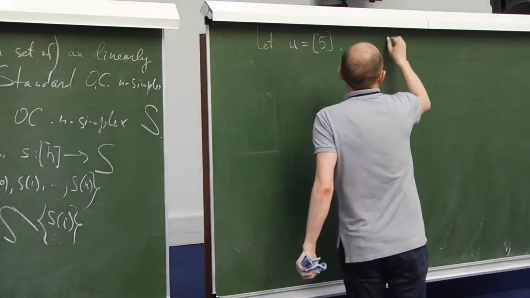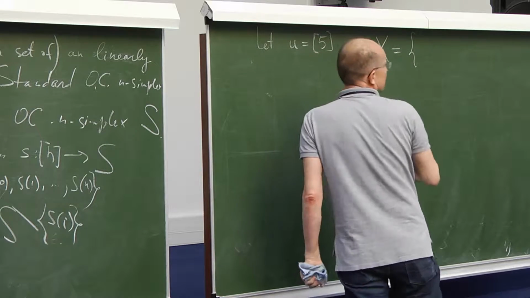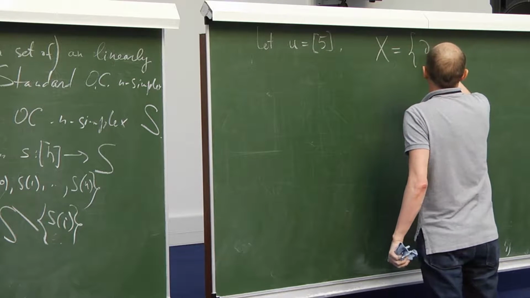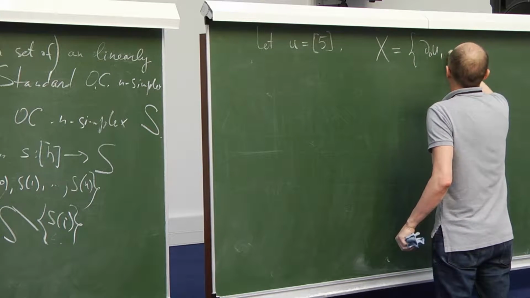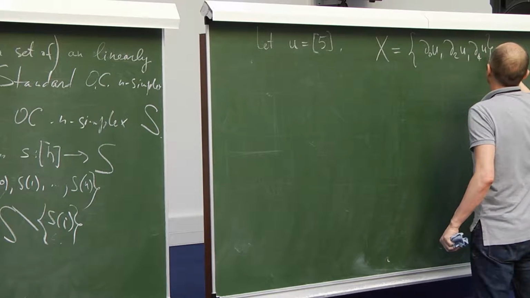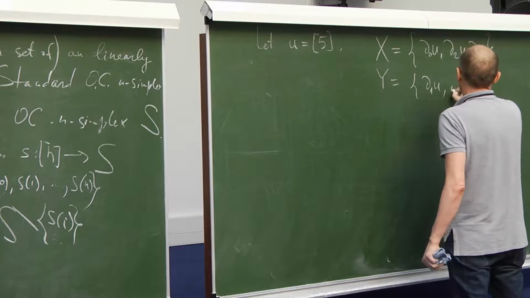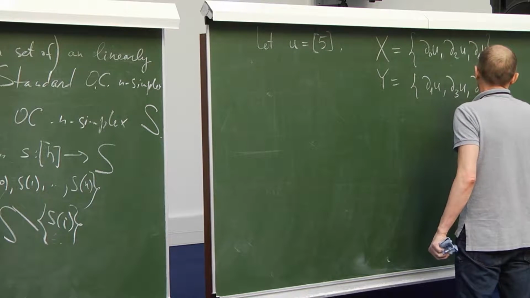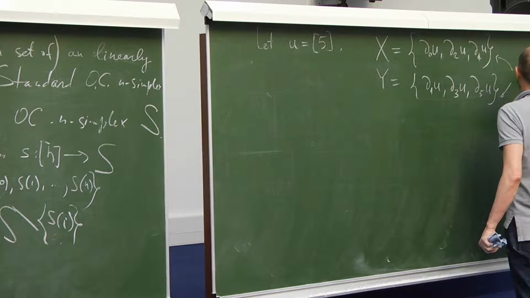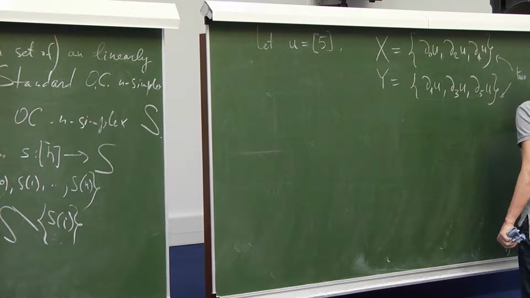And then we define two abstract simplicial complexes given by the even faces of U, or facets, and the odd facets of U. So we have d_0 U, d_2 U, d_4 U, and the Y is d_1 U, d_3 U, d_5 U. So we have two abstract simplicial complexes.